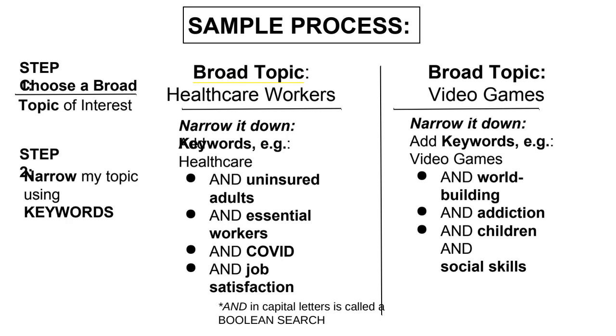We can also mix it up with video games and children and social skills. So it's all about narrowing down to get the proper articles or the proper sources to help us answer our research question for our research paper.